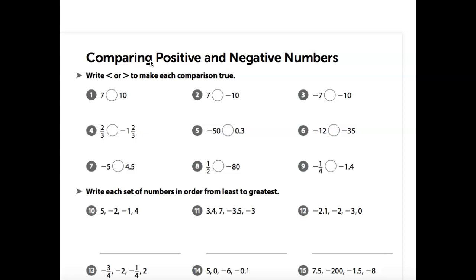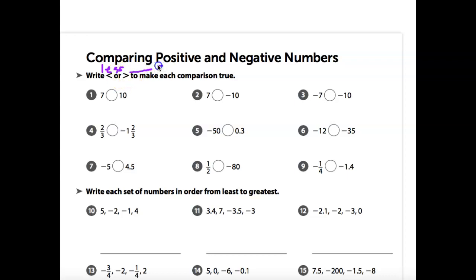I'm going to do a couple of these examples, and then I'm going to let you do some practice ones. All right, so we know that this symbol means less than. This one means less than. That's that one.